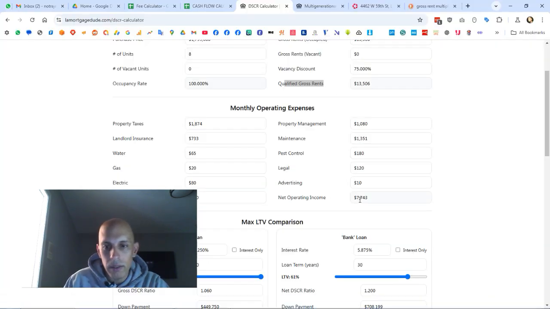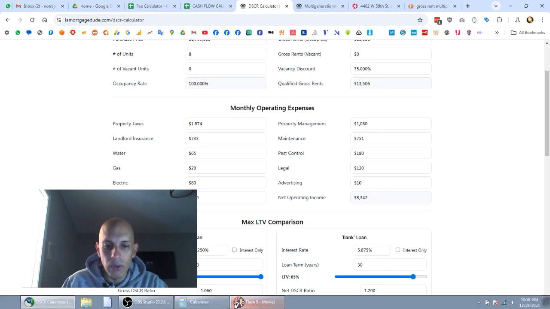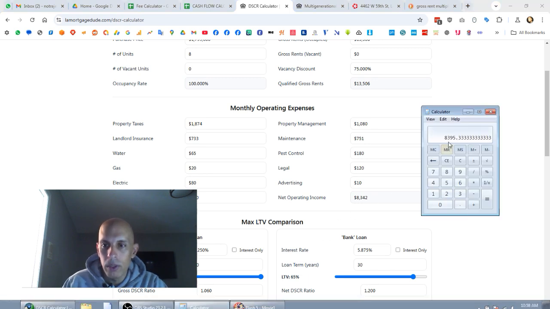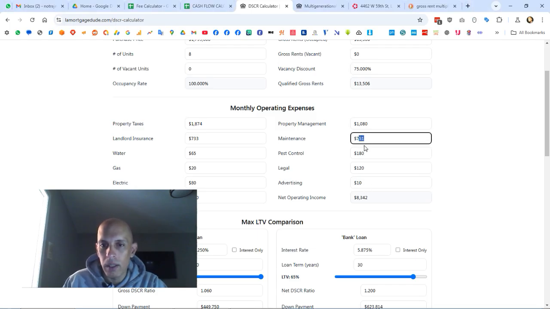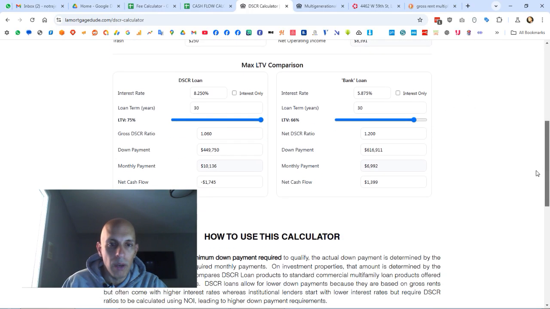So that tells us how far we're off. We're off about $600. So if we were to just reduce this to 751, we'd get pretty close. 83.42. We're at 83.95. So we got to add what? 49 bucks in. So let's say this is 702. 83.91. Bam, our net operating income.